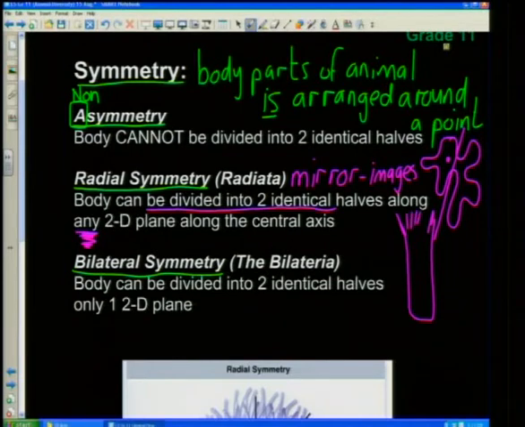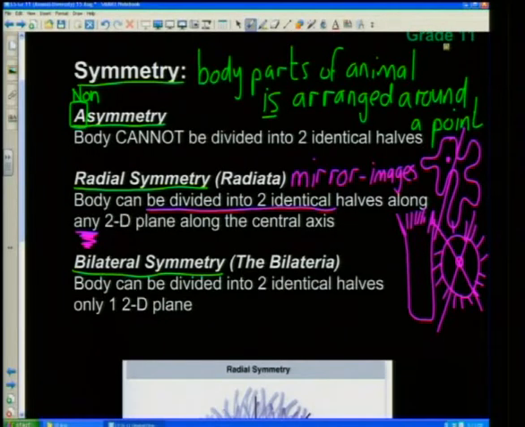If I look at that animal from the top, it's got a central axis in the middle and all these tentacles around. If you cut this animal into 2 identical halves, you can do it along that plane, or along that plane. Along any plane, each time you're going to get 2 identical halves.